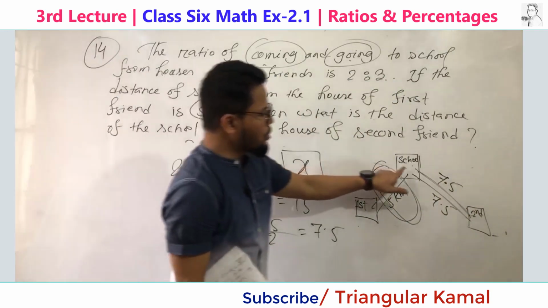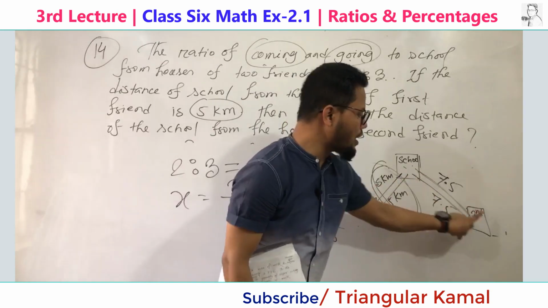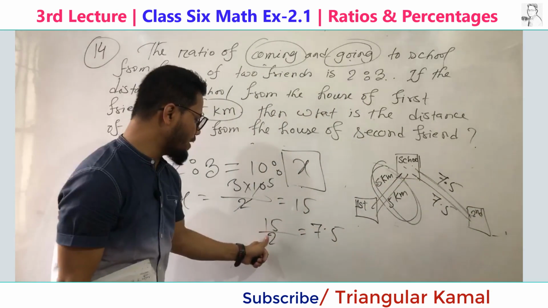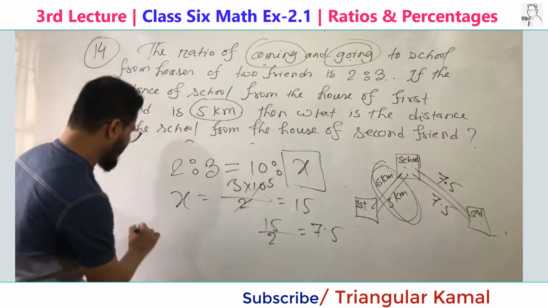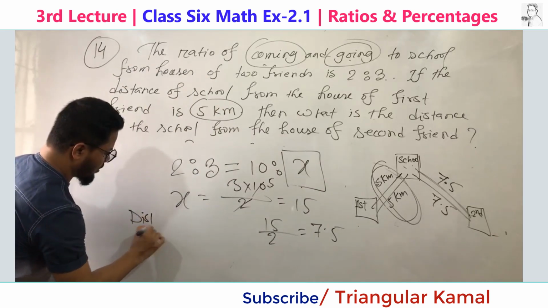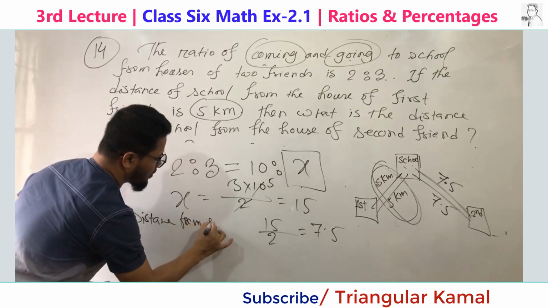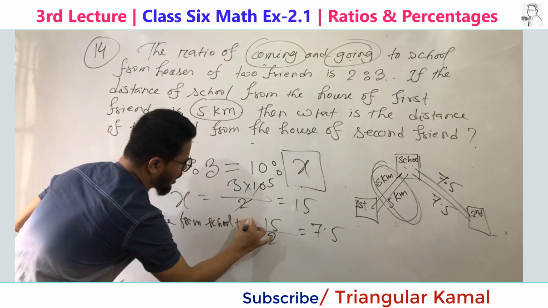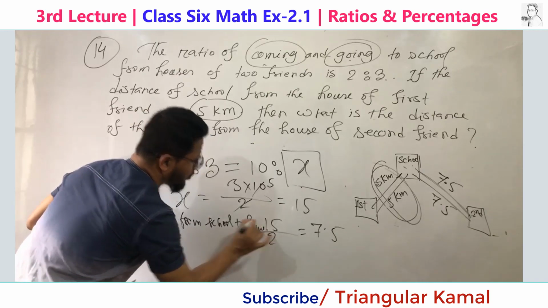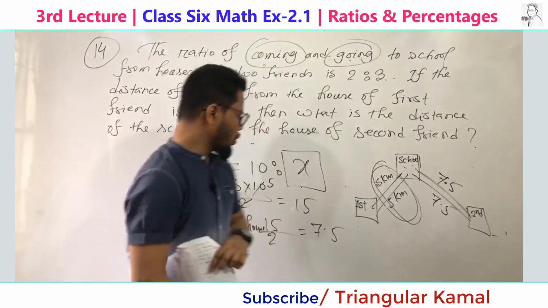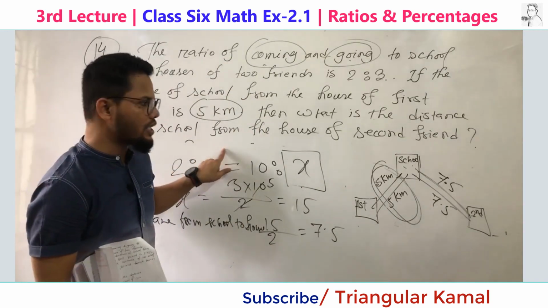Because the two distances are the same, school to house and house to school, the total will be divided into 2 portions. So the distance from school to house will be 7.5. So you can also do this one using this method.